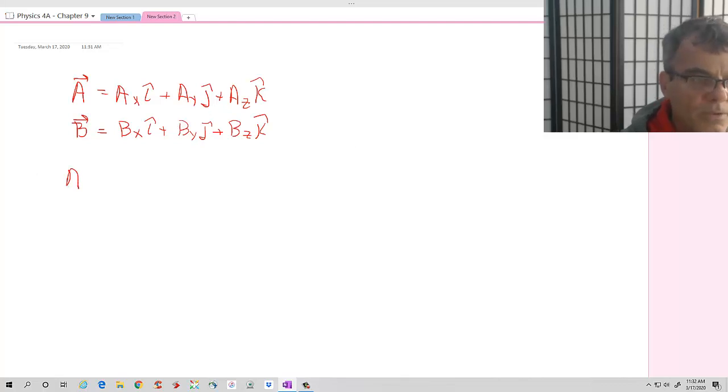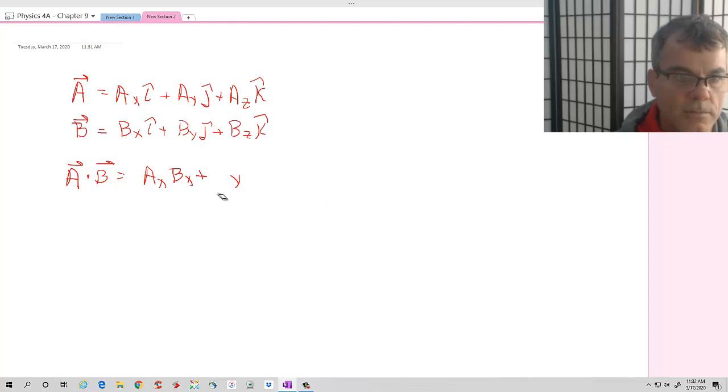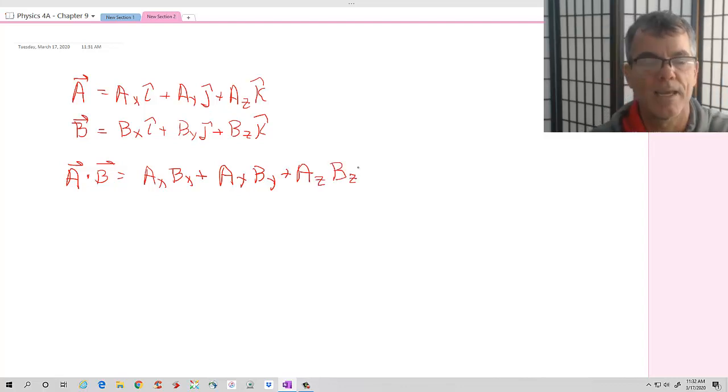Another way of expressing the dot product is it's equal to the x components of each vector multiplied together plus the y component of each vector multiplied together plus the z component of each vector multiplied together. These give you the exact same answers.